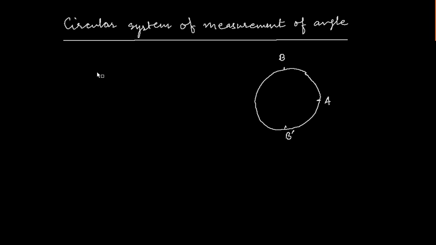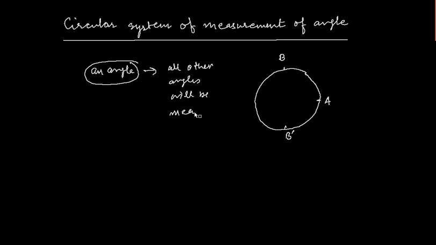So basically we need to define an angle in terms of which all other angles will be measured. That will be our base, and all other angles will be measured in terms of this angle, right?